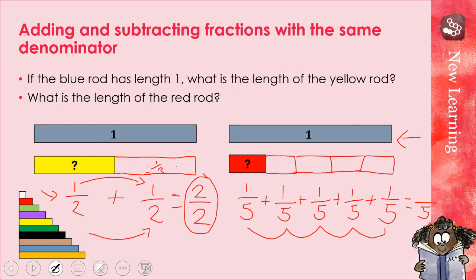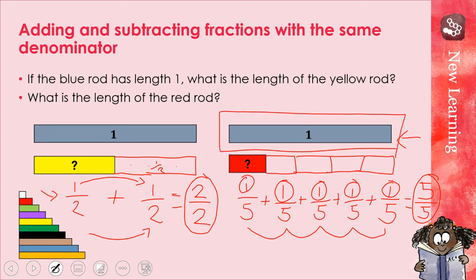I've got 1/5, add another fifth, add another fifth, another fifth, another fifth. So I've got 1, 2, 3, 4, 5 fifths. 1 plus 1 plus 1 plus 1 plus 1 is equal to 5. And as you can see, the numerator and denominator are the same, which is why this is equal to 1.